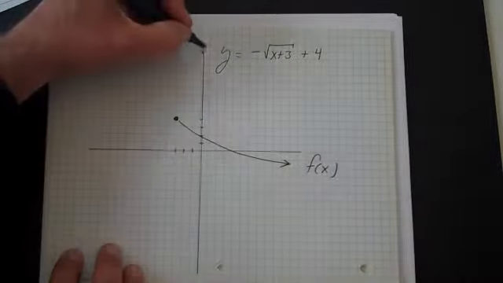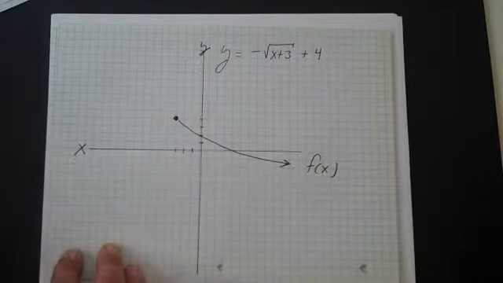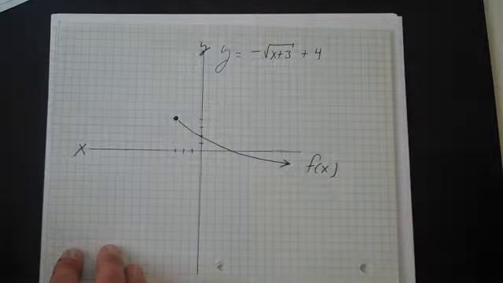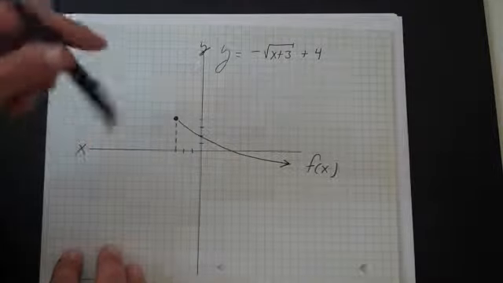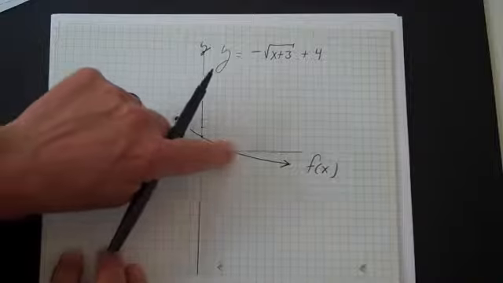If you want to find the domain and range of x and y, you look at the graph and the x-axis and ask, along the x-axis, what can x be and what can x not be? Here, x can be minus 3, and it can be everything past minus 3 too.